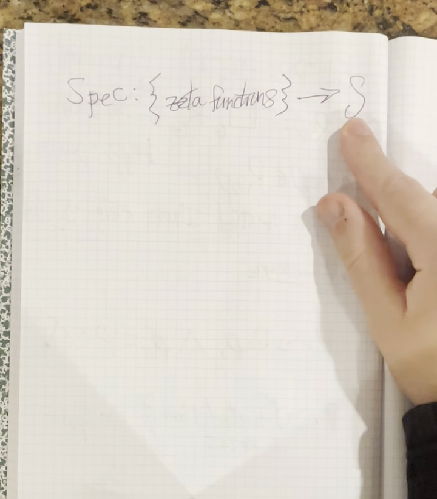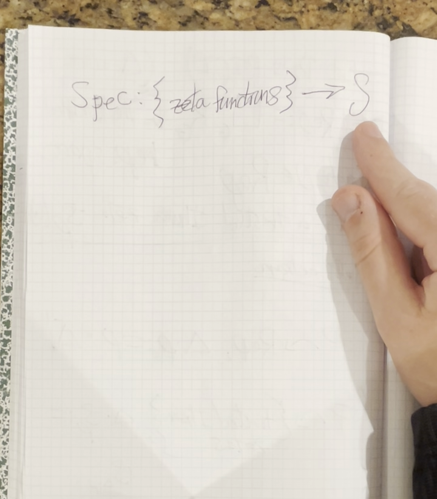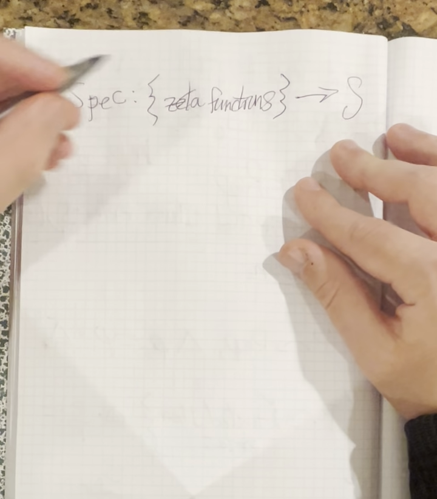It represents the spectral invariant, some spectral invariant space. It could even be simply the pole structure.